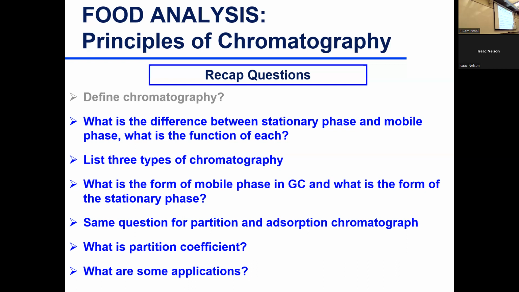We talked about a lot of applications. All of you have done an application today, so what happened with it? Well, today in the GC, we did qualitative, so we were identifying what kind of fat it is by fatty acid separation. But you can also do quantitative by identifying the exact amount.